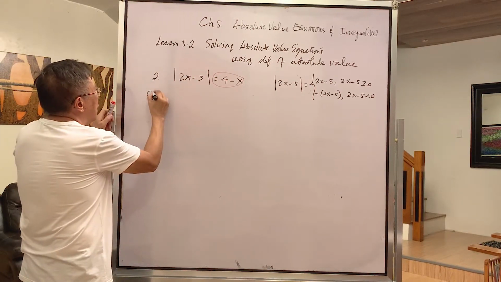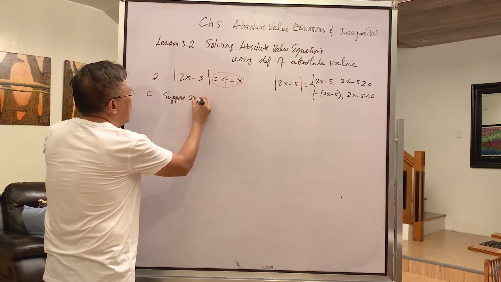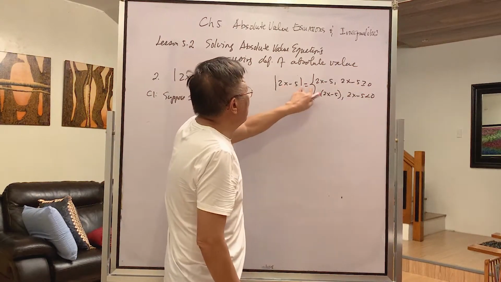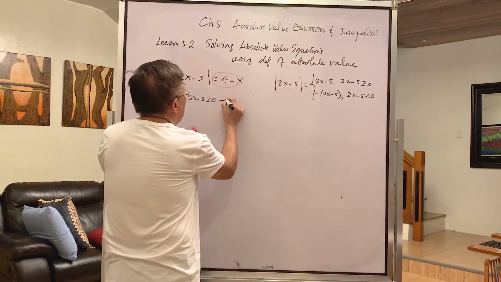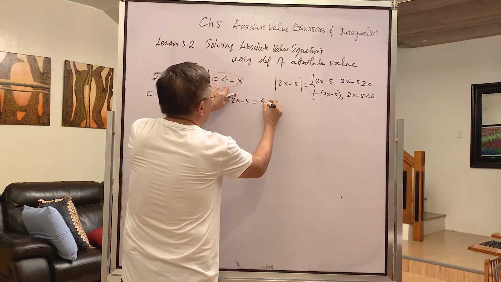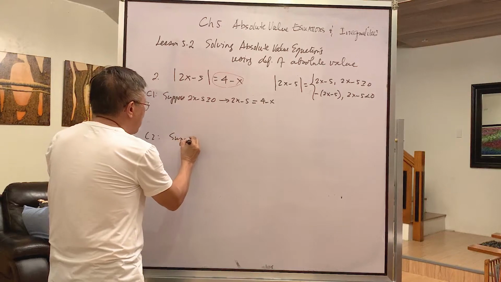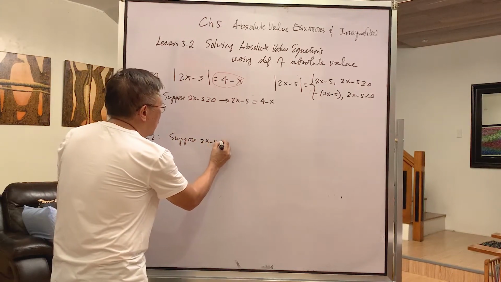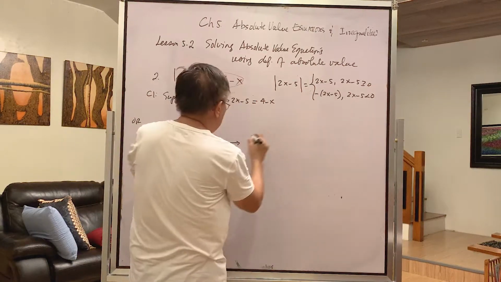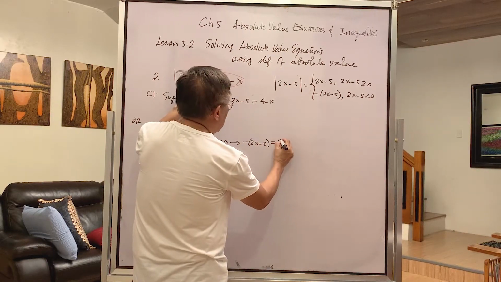Okay, so case 1 here will be, suppose this one is greater than or equal to 0. Then its absolute value is itself, equals 4 minus x. Or case 2 here, suppose the other case is the number is negative. So if the number is negative, its absolute value is the negative of itself, equals 4 minus x.